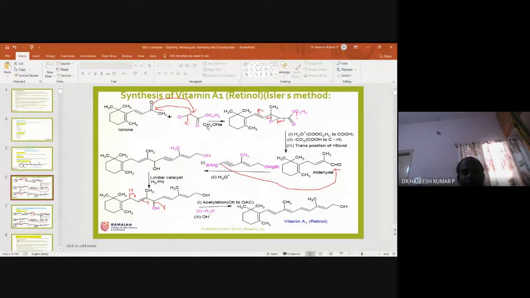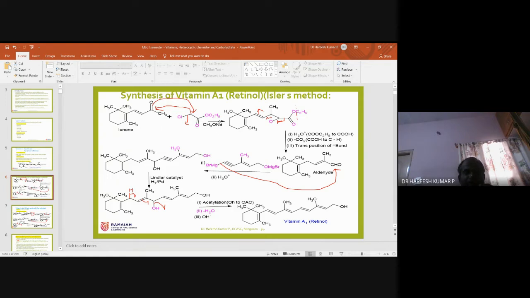This is a name reaction. What is the name of this reaction? I think it is the Darzens glycidic ester synthesis. So this reaction is based on the Darzens glycidic ester formation.